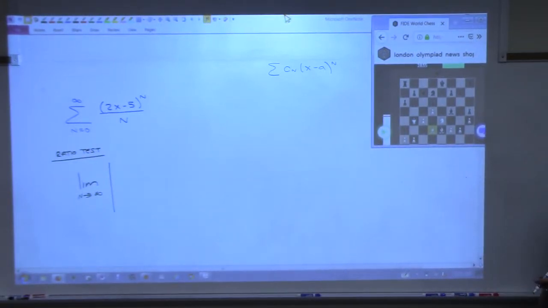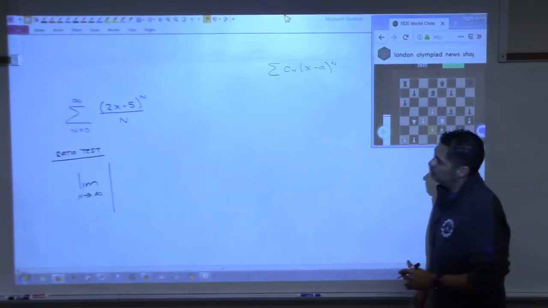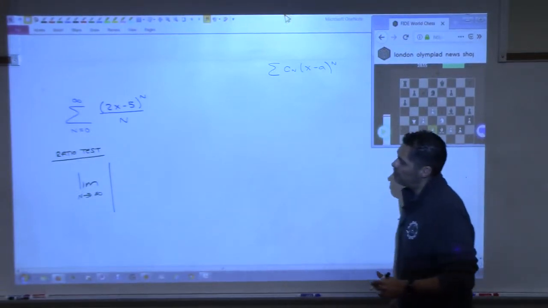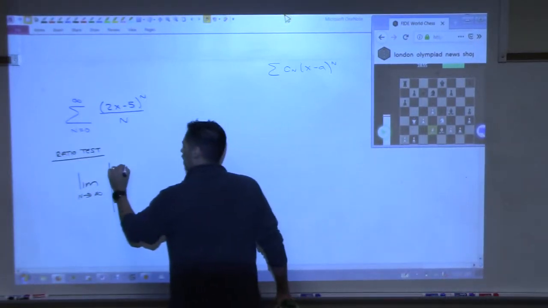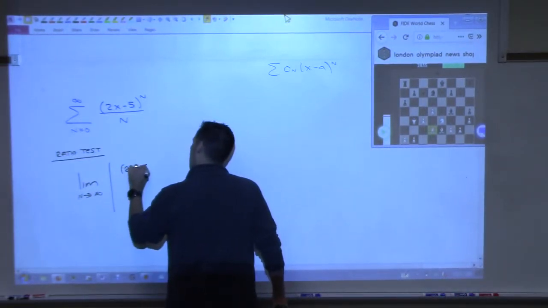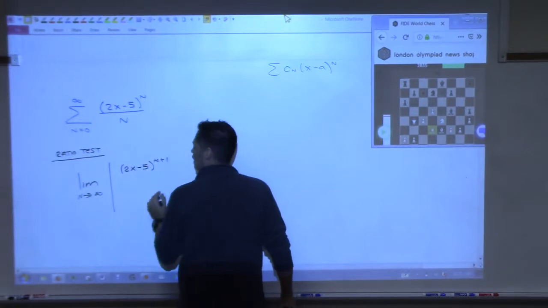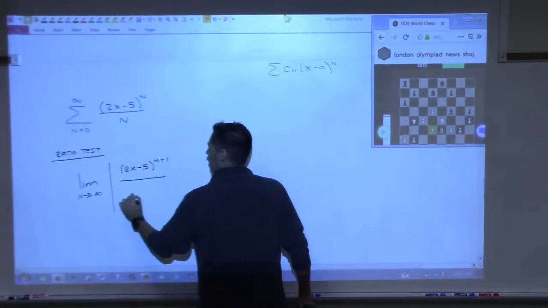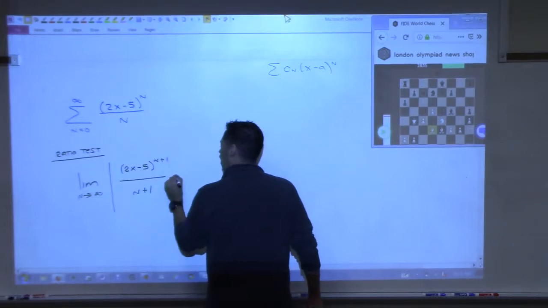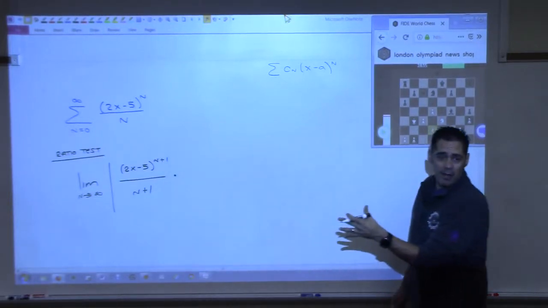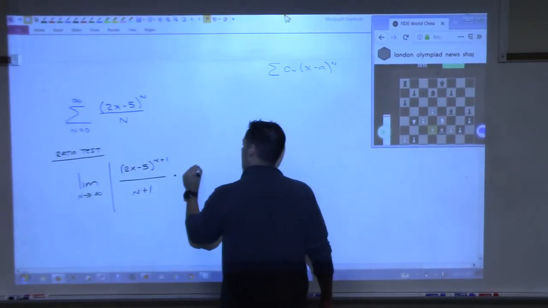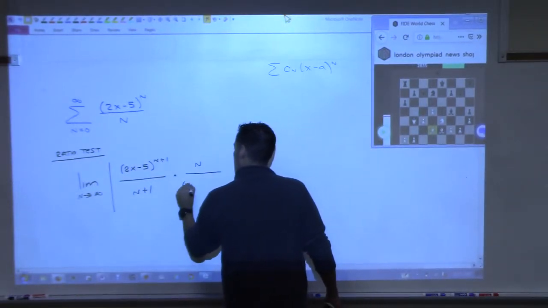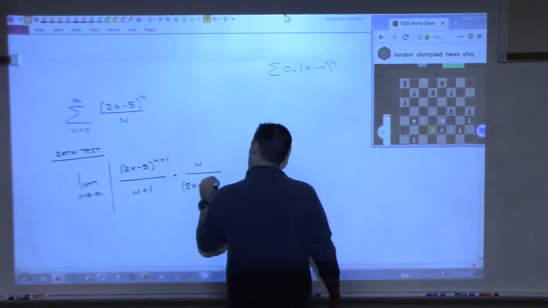So, what's the first part of that going to look like? 2x minus 5 to the n plus 1, over n plus 1, times, now we're supposed to divide by it, right? But I'm flipping. And on top, 2x minus 5 to the n.